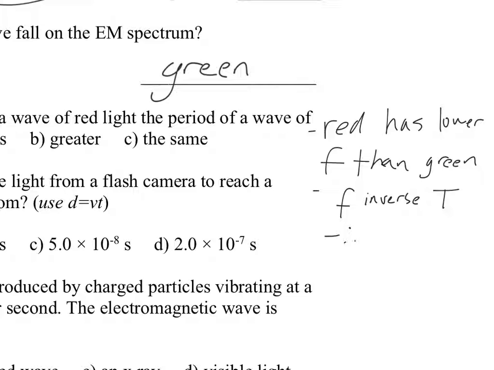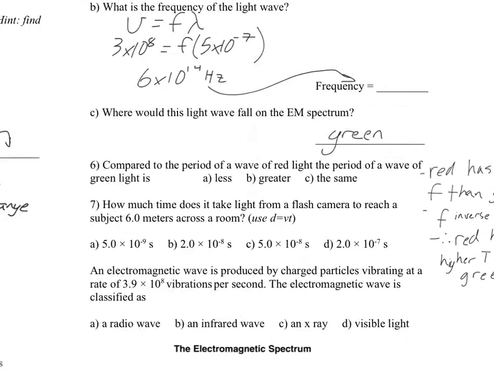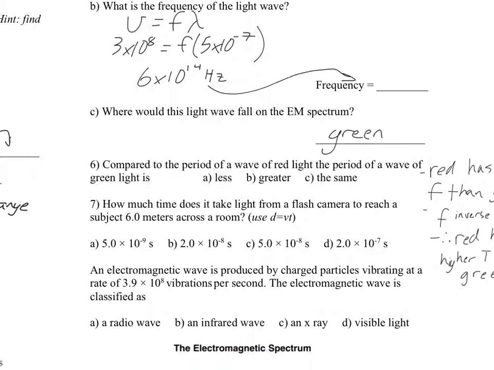Therefore, red has a higher period than green. So red has a higher period, or a longer period.